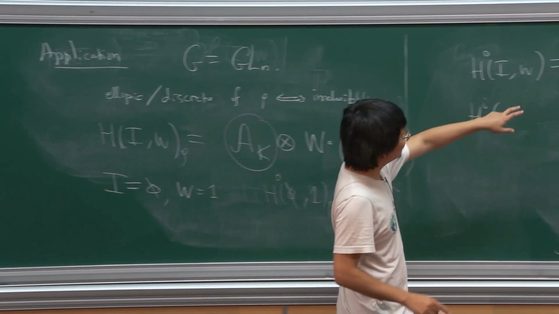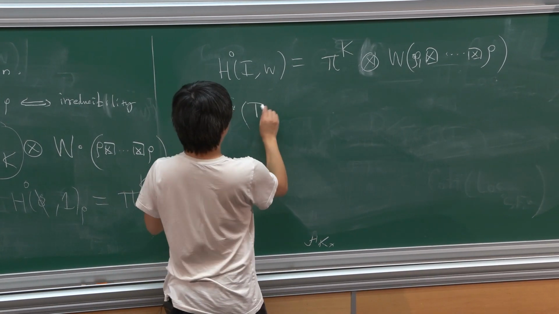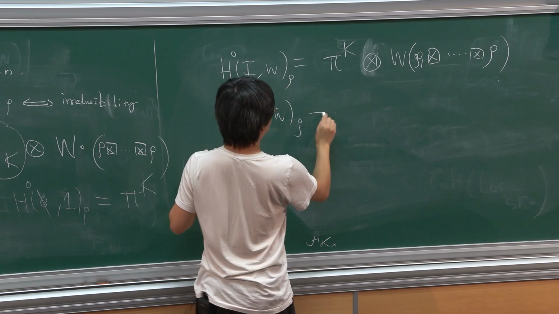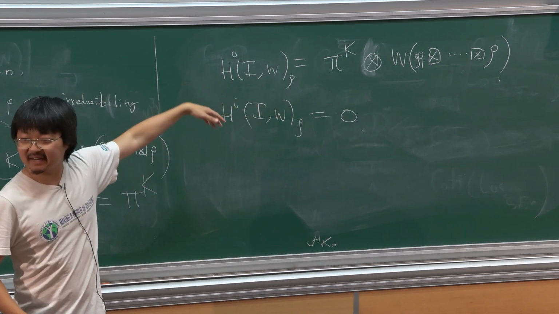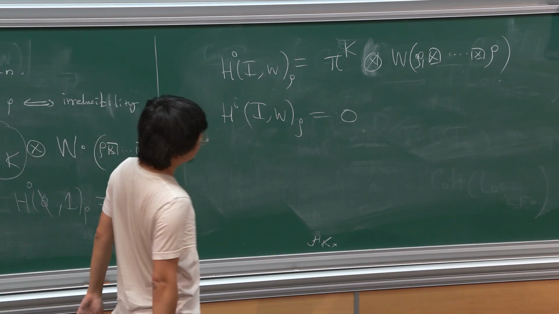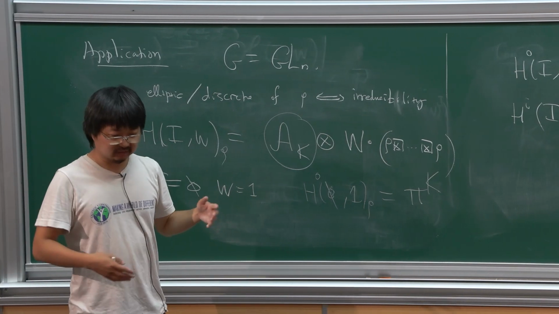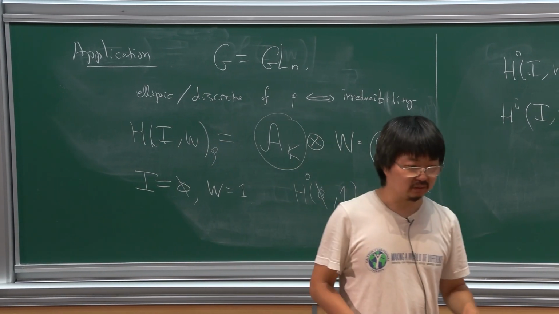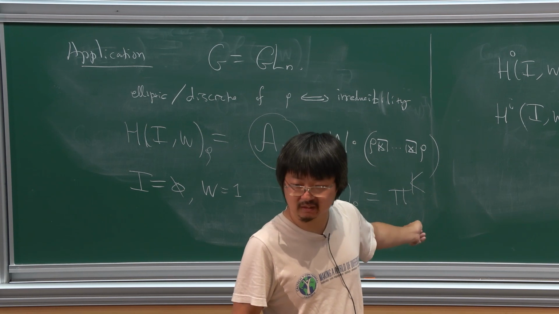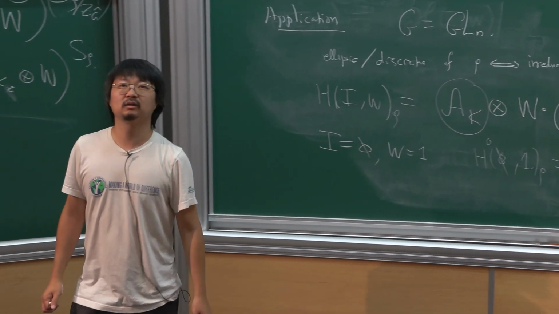That means the cuspidal automorphic representation pi does not appear in other cohomology, in other degrees. So even just with cohomology with two legs, Laurent Lafforgue, when he proved global Langlands for GL_n, only proved some results weaker than this kind of statement. But now it's true. Okay, I stop here.